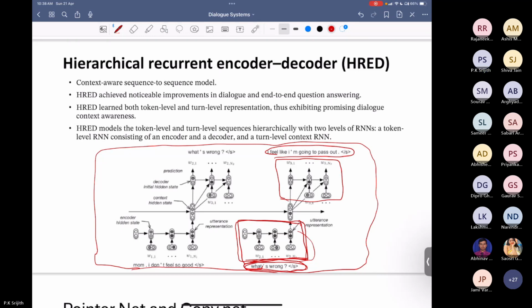But in a dialogue system, one has to keep track of whatever has happened in the past. The different user messages and their responses are often called turns in dialogue systems. Users and agents take turns in answering, and you want to maintain some kind of dependence on previous turns also. One has to maintain some kind of turn-level representations in the whole system.